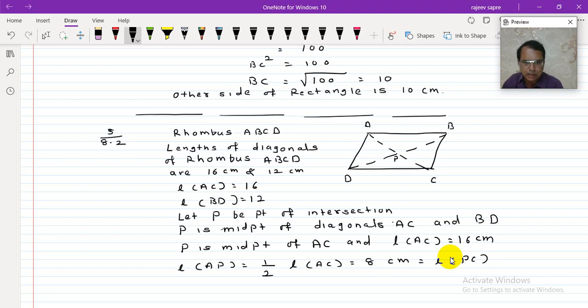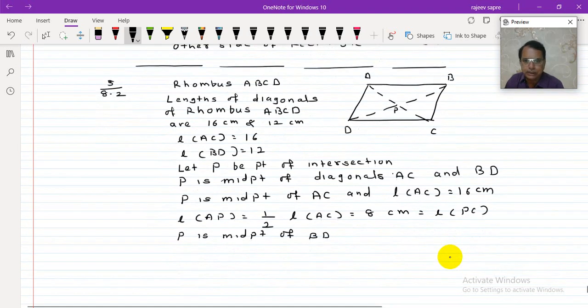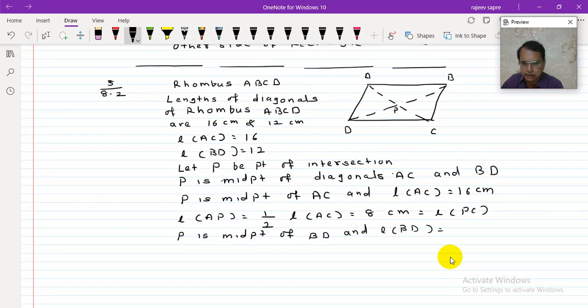Next, P is the midpoint of BD. So same logic, I can say that P is midpoint of BD and length BD we have taken 12 centimeters.